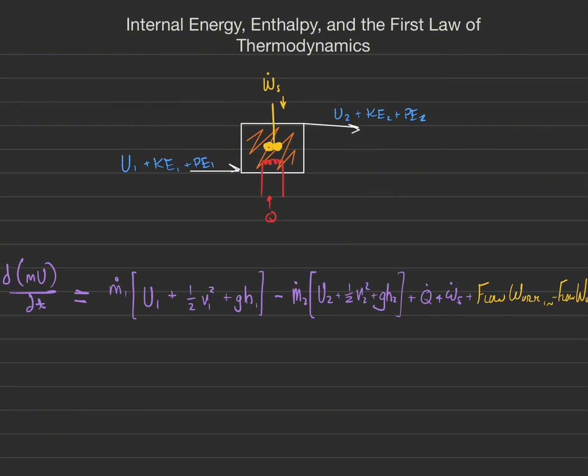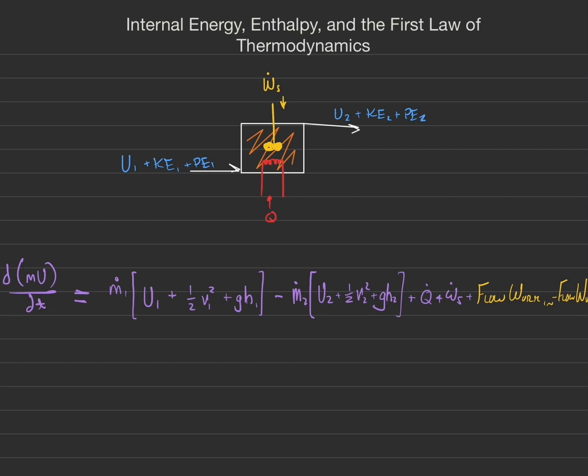So moving forward, this is where we left off. We had a rough definition of the energy balance, looking at the inlet internal energies, kinetic energies, potential energies, minus the outlets, plus the net entering Q from heat, and then entering shaft work from some rotating shaft.